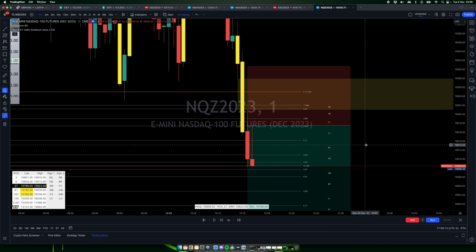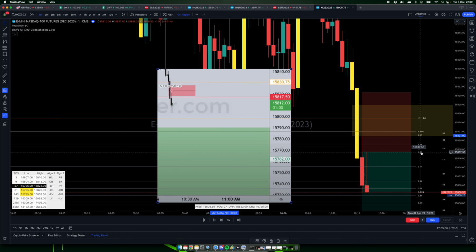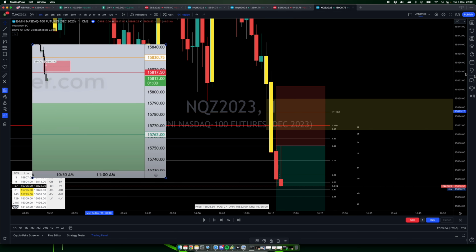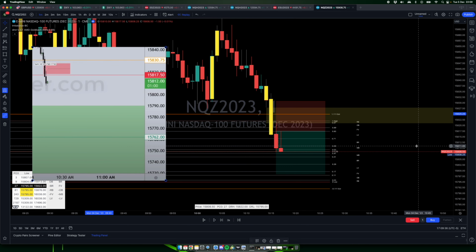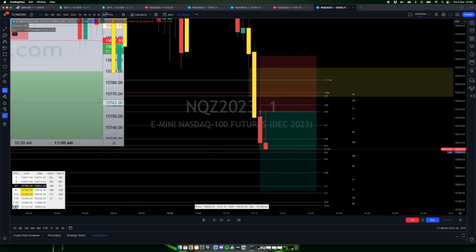And what is the price? Exactly 15,817.5 is the fair value gap GB level. So it wasn't the M1, because there's no fair value gap in the fair value gap GB level.